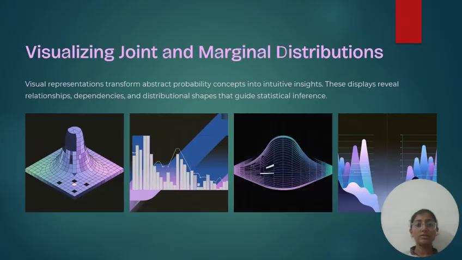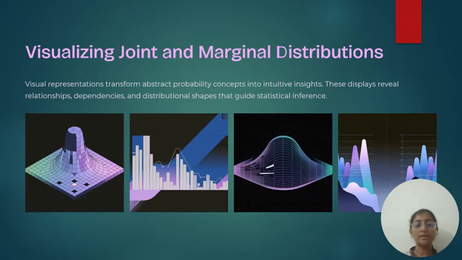Visualizing joint and marginal distributions is key for developing intuition about how random variables behave individually and together. This visualization helps reveal dependencies. In independent cases, the distribution is separable: the plot factors into the product of marginals.